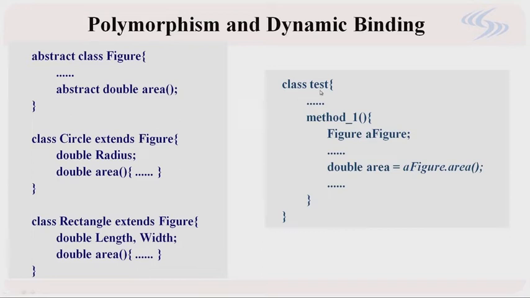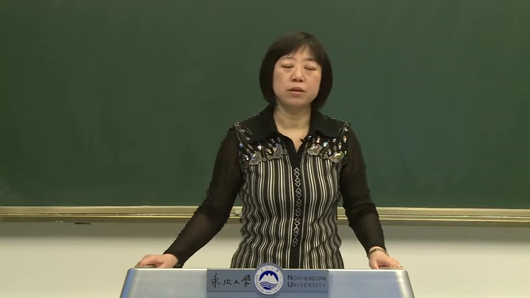In another class, let's say test, we get a reference with the data type of figure, a figure. And then somewhere in the code, we get such a command, figure.area. It is okay. There's not any problem with this code.